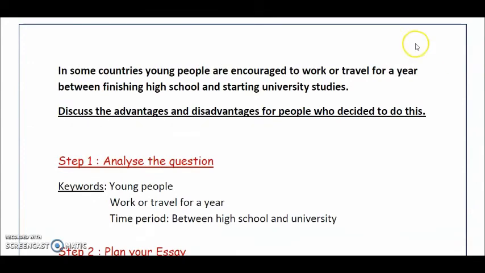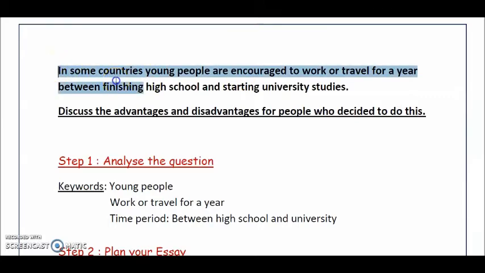So the question for today is, in some countries, young people are encouraged to work or travel for a year between finishing high school and starting university studies. So like in our previous video, I'm going to tell you again that every IELTS question has two parts. One is the concept and the other is the question or the task.